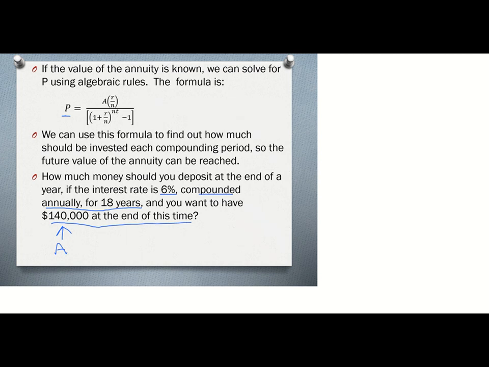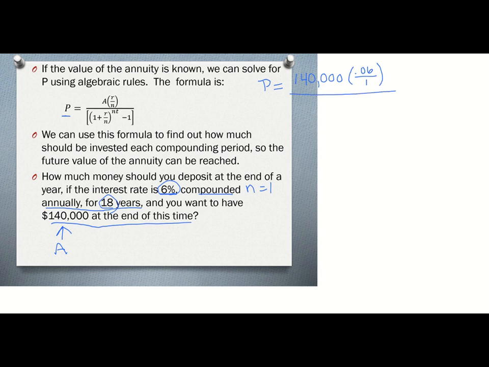It's compounded annually, so N will be 1. And time is 18, and my interest rate is 6%. So when I plug this into my formula, I'm going to have P equals 140,000 times my rate, 6%, divided by, in this case, 1 because it's compounded annually.